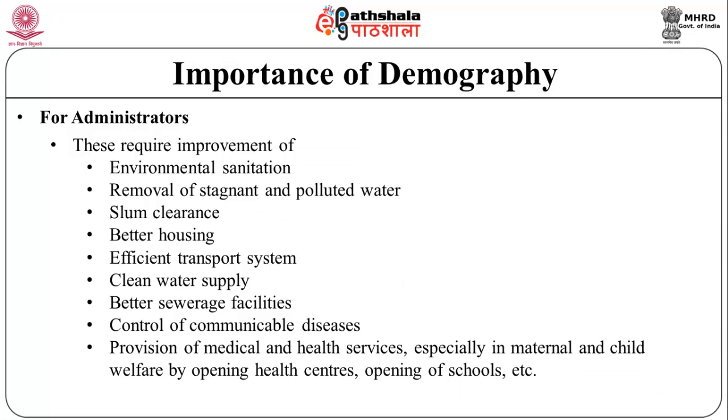These require improvement of environmental sanitation, removal of stagnant and polluted water, slum clearance, better housing, efficient transport system, clean drinking water, better sewage system, control of communicable diseases, provision of medical and health services, especially in maternal and child welfare by opening health centers, opening of schools, etc.